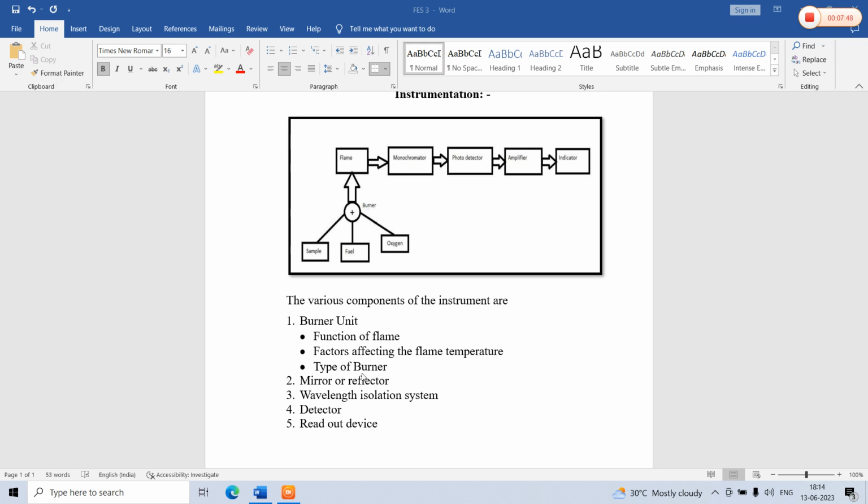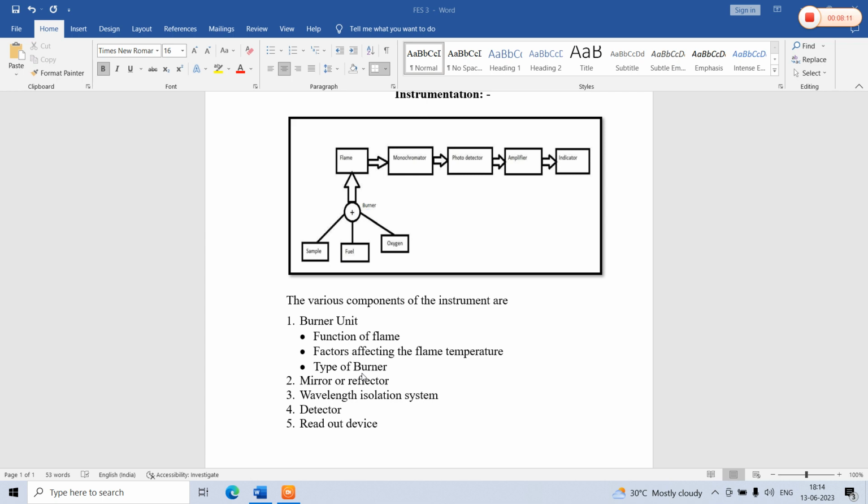They pass through baffling muffles. Baffling muffles are important because the sample solution, fuel and oxidizing gas or oxidant get mixed uniformly in the muffle furnace. So this is the advantage of the premixed burner.